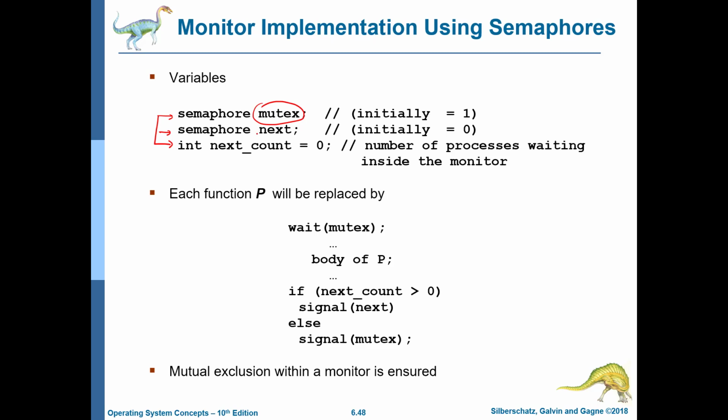Semaphore next is slightly tricky. Mutex is essentially for entering any function. If you don't enter, you remain outside. So let us say the mutex is for functions that are waiting outside, which means they have not entered the monitor at all.